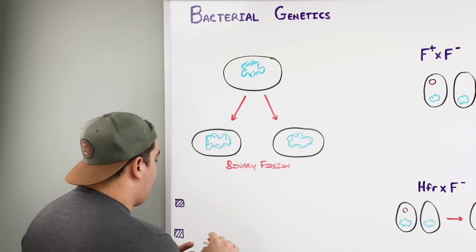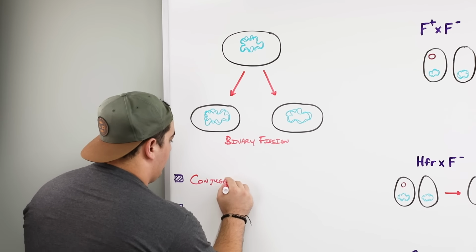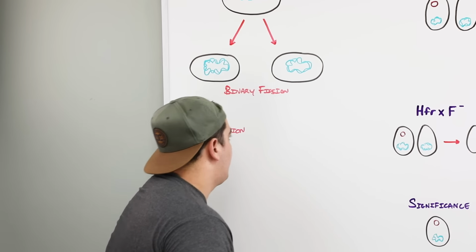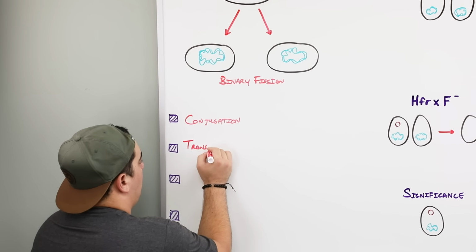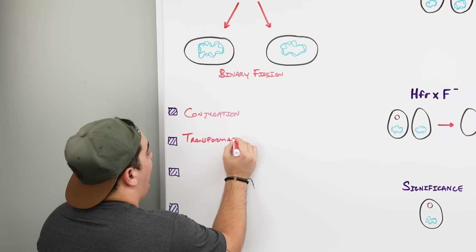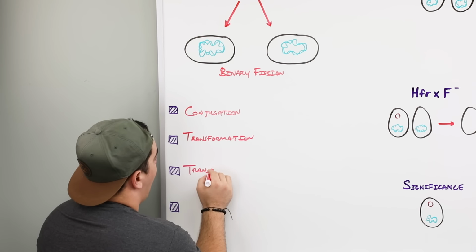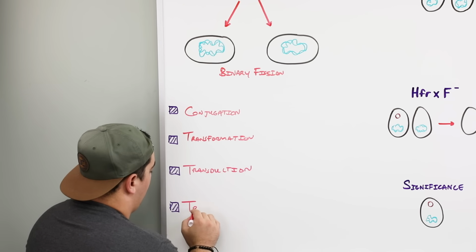Well, there are four particular mechanisms. One is called bacterial conjugation. The second is called bacterial transformation. We'll talk about all of these in great detail. The third is called bacterial transduction. And last but not least is bacterial transposition.